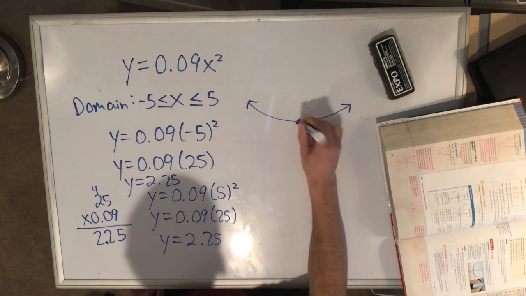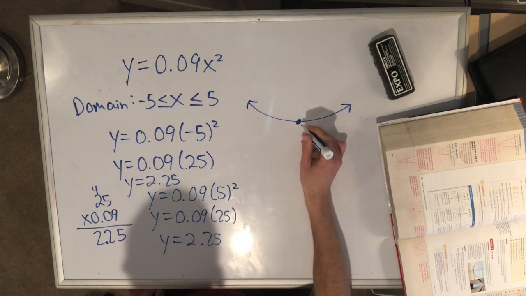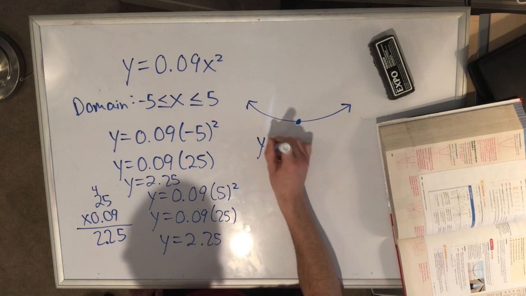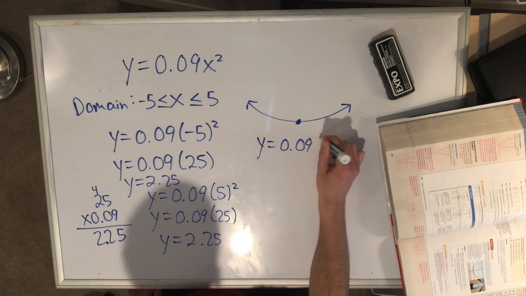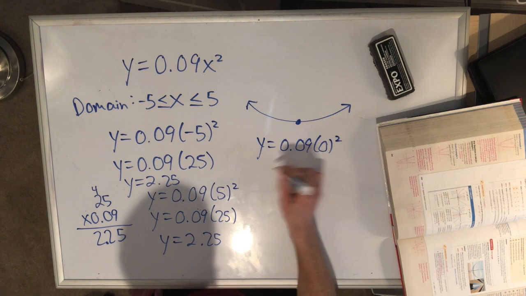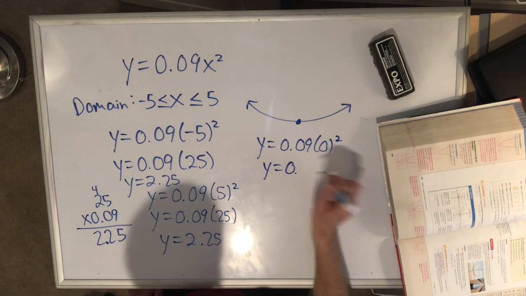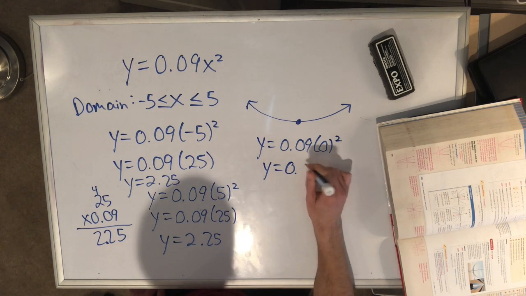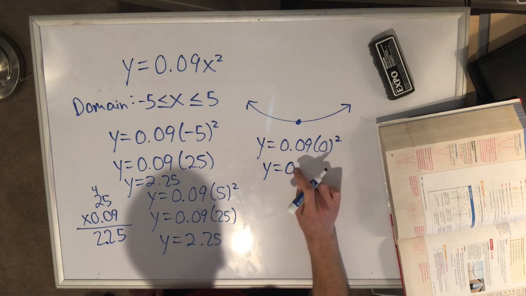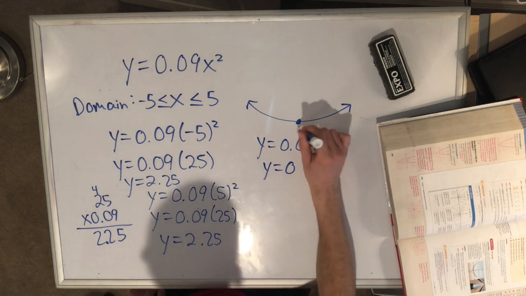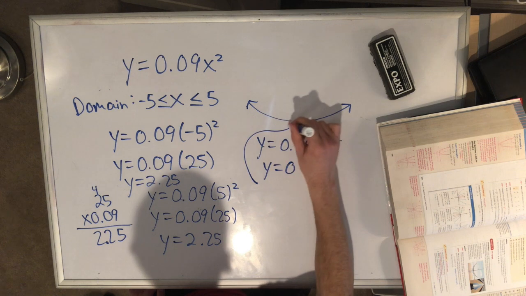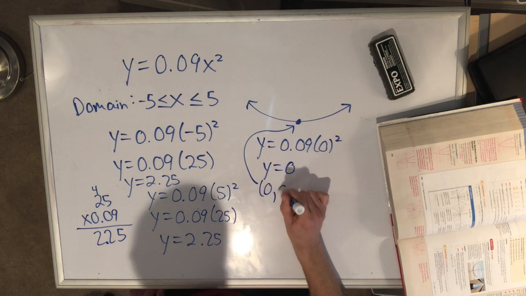So yeah, the lowest point is when you substitute in 0 for x. So that's y equals 0.09 times 0 squared. 0 times 0 is 0. So we get 0.09 times 0, which is 0. So that's the point 0, 0.